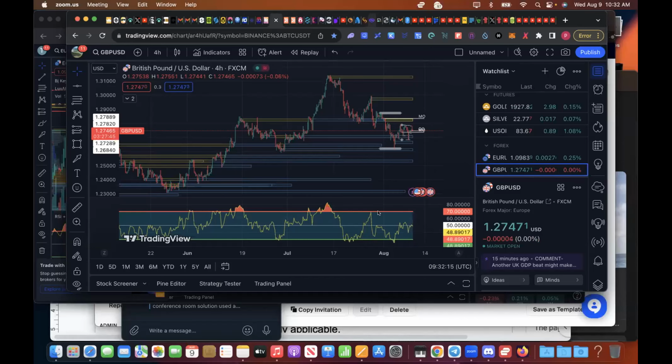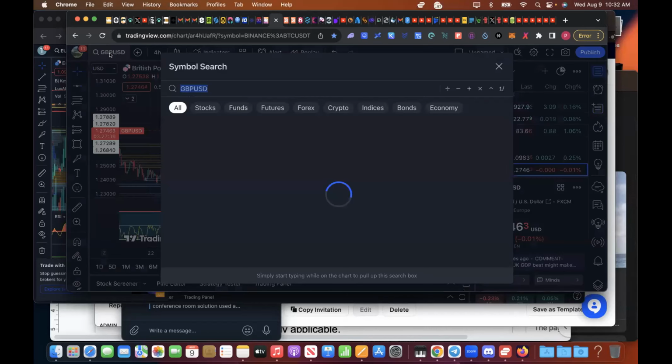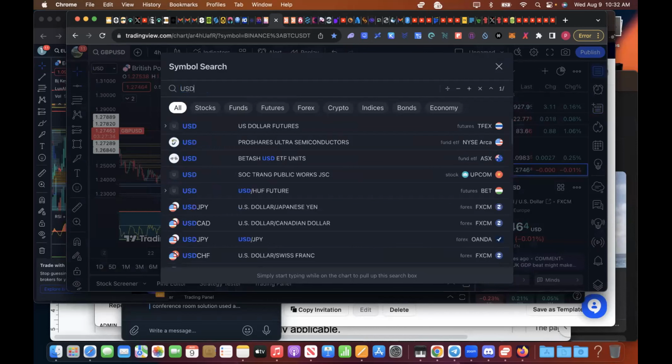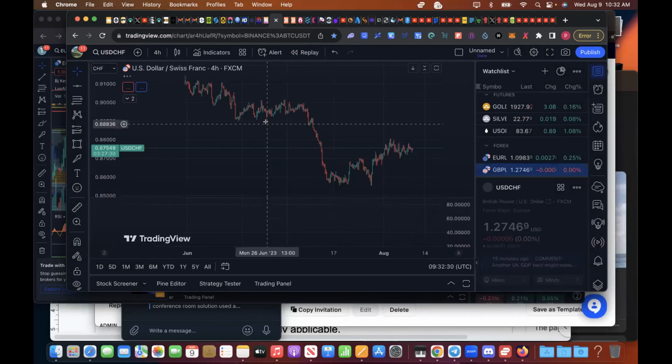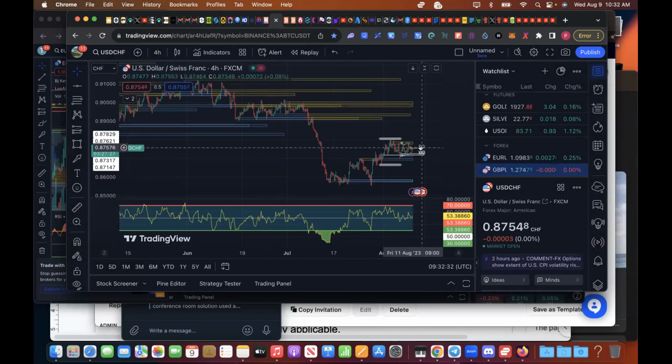But I'm sure USD was losing strength. So okay, I think this guy is proving himself gradually. So, USD CHF. I think it has lost the momentum though. Okay, it has not. USD CHF.